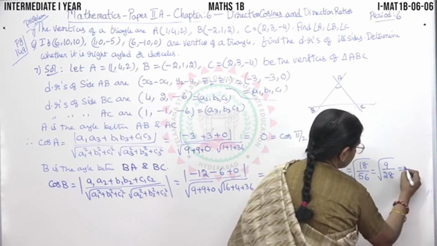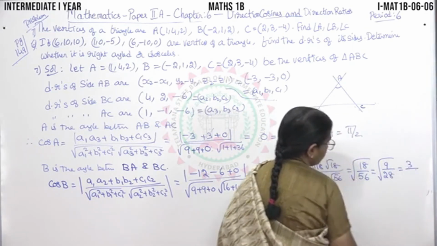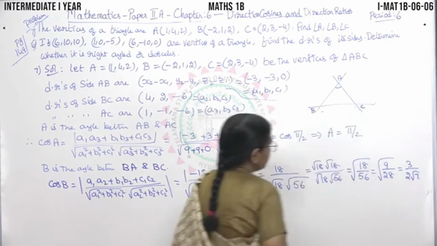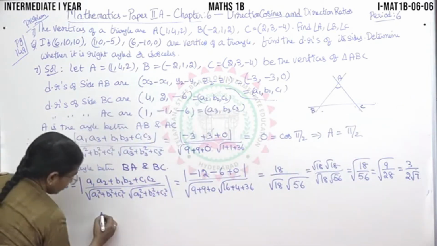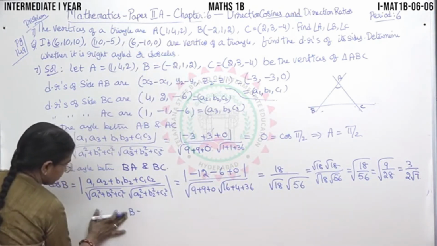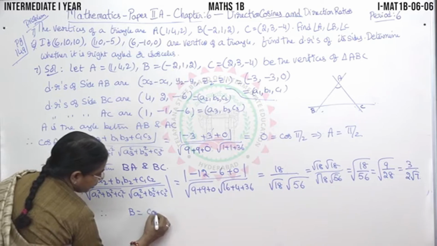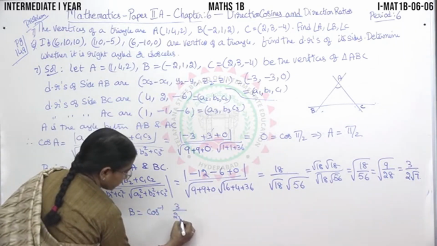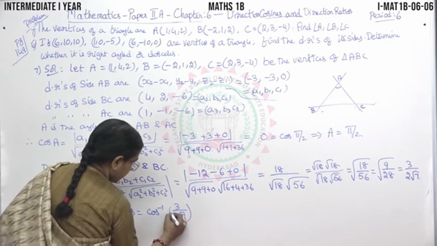So root 9 is 3. 3 by root 28 can be written as, 4 7s are 28, so 2 root 7. So therefore cos B is equal to 3 by 2 root 7, so B is equal to cos inverse of 3 by 2 root 7. So this is one answer.